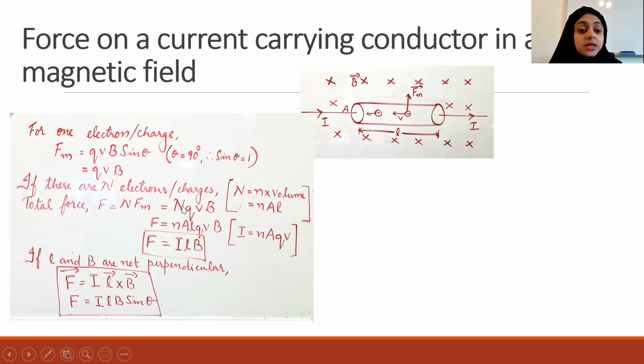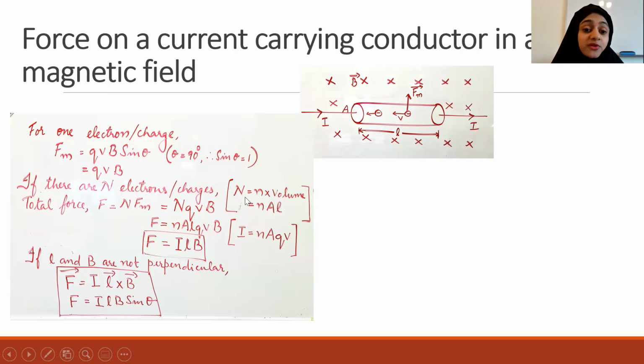Now, small n is the number of charge carriers or number of electrons per unit volume. We have already learned that small n is nothing but the number density, that is, the number of charge carriers per unit volume. So the total number of charge carriers in the whole conductor will be equal to n times the volume of the conductor.